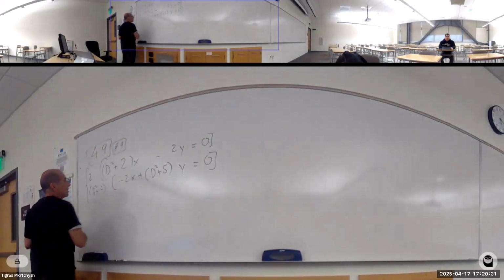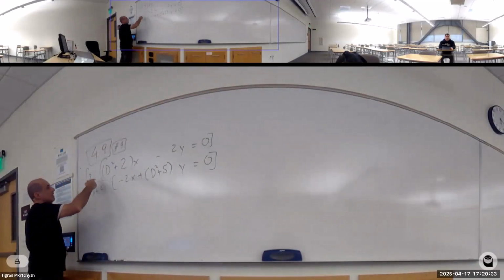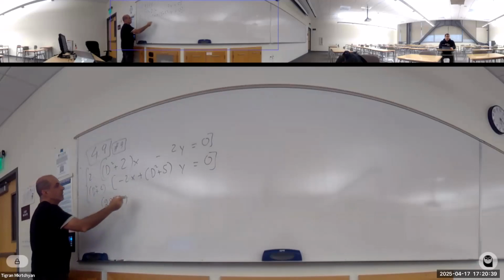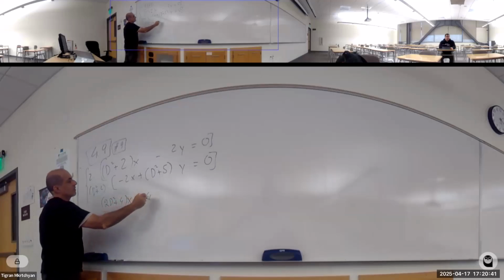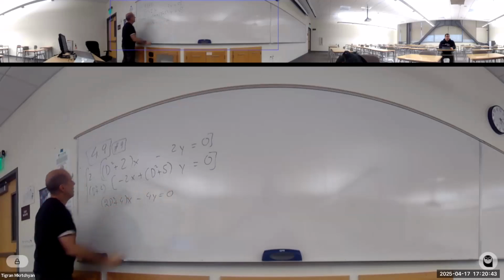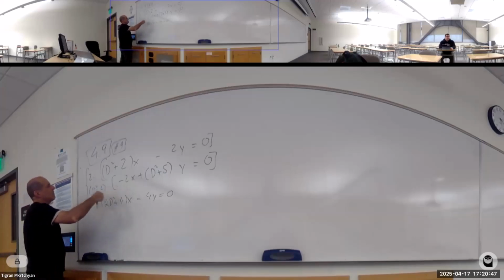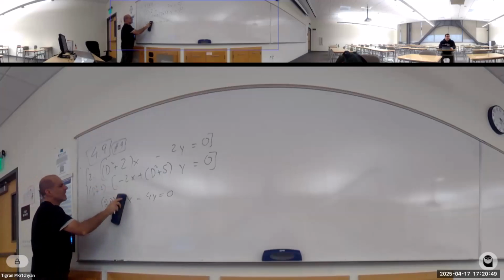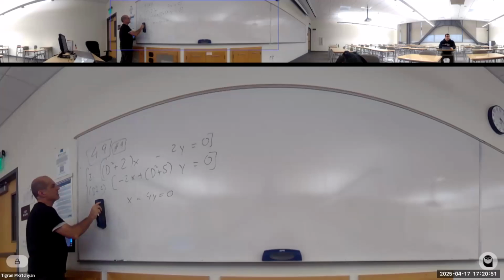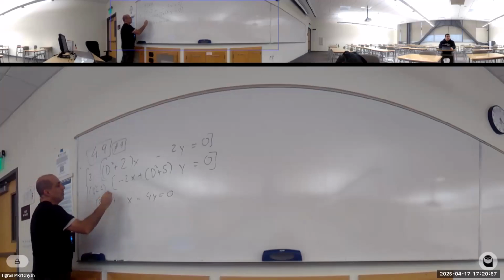So the first equation will become, let me distribute this 2 here: 2D squared plus 4x minus 4y equals 0. Let's distribute it. So what we have, 2D squared plus 4.